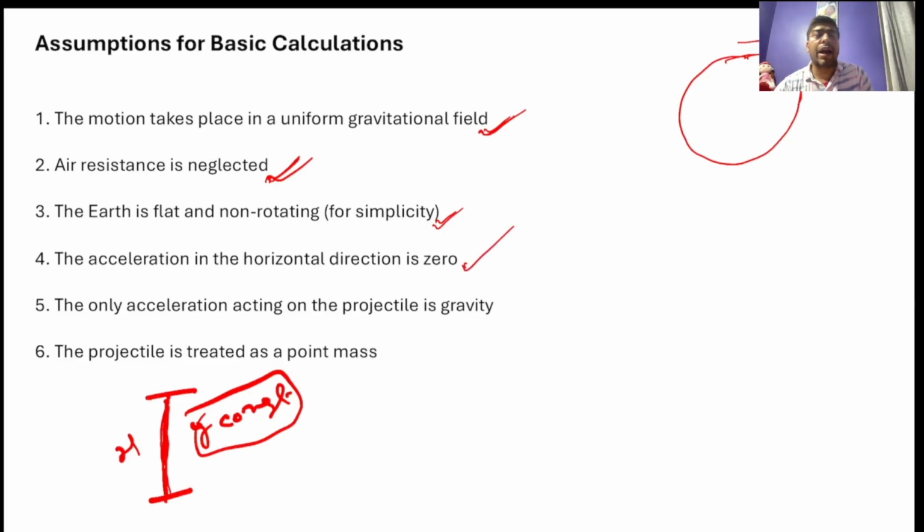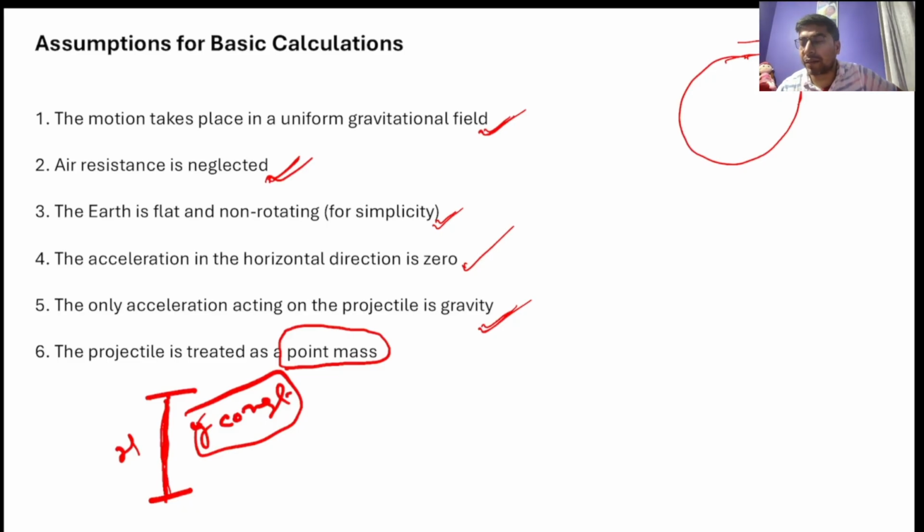Next, the acceleration of the object along the horizontal direction we have to consider 0. Obviously, if there is no drag force or air resistance, it will be 0. Next, only acceleration due to gravity is present on the object, and this point is important, where we have to consider the object is what? A point mass, right?